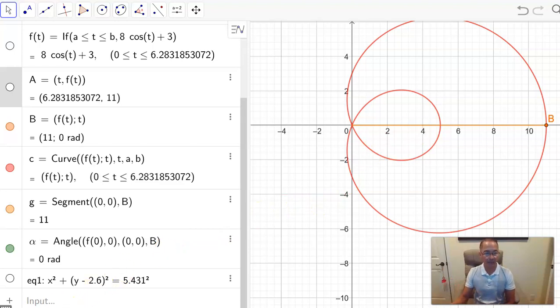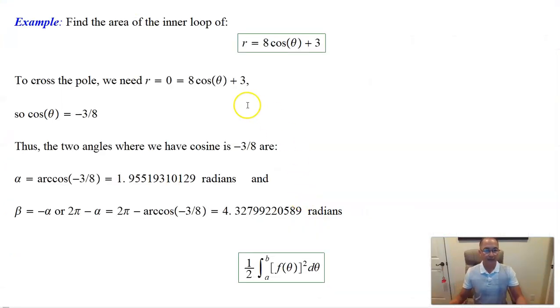Okay, back to the workroom. All right, so here is our problem. We want to find the area of the inner loop of r equals 8 cosine theta plus 3. And these are our notes from our previous video, the first one. To cross the pole, we need r to be 0. I mentioned that a few minutes ago. So cosine theta is -3/8.